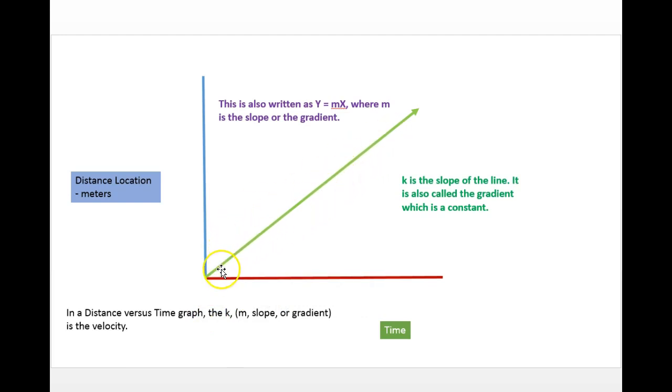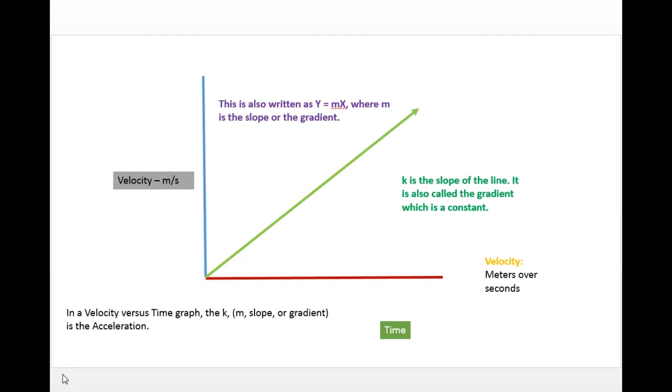If you calculate the slope, it will give you the velocity. Now we have velocity in meters per second versus time, and in the velocity versus time graph, the slope would be the acceleration.